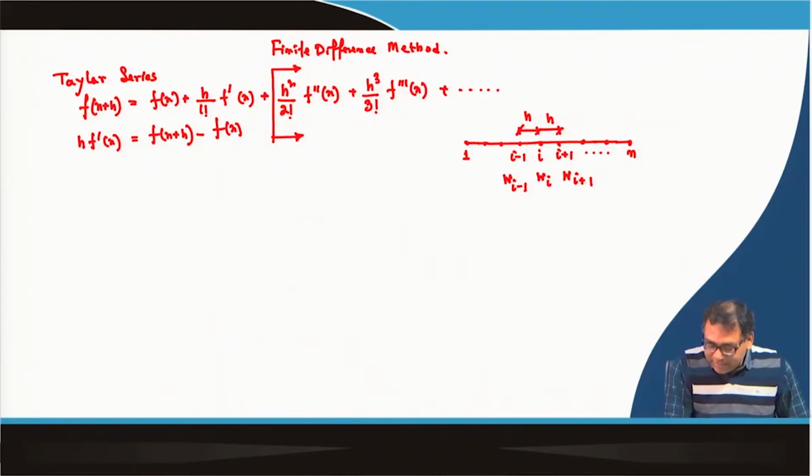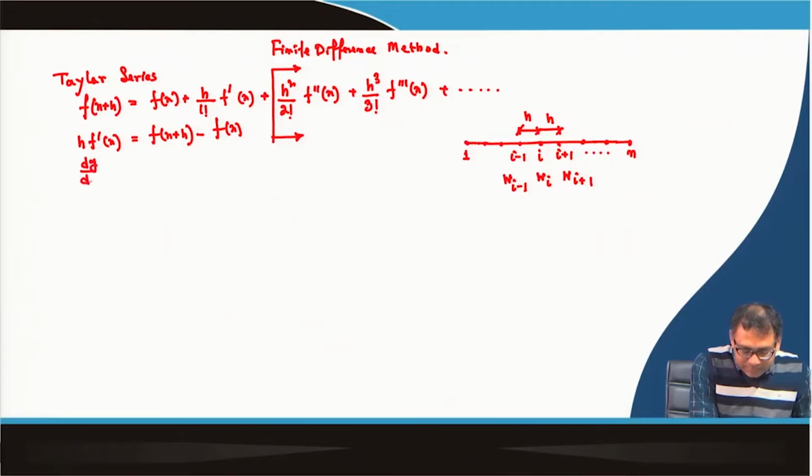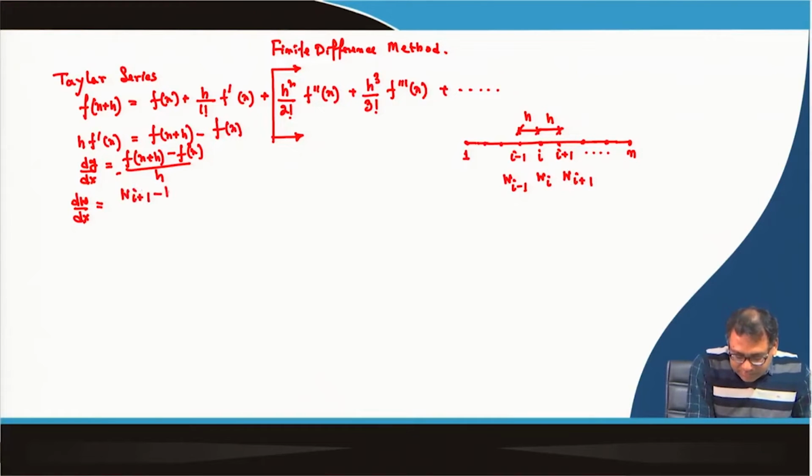Now I can write this equation in terms of deflection. This is f'(x), that means I can write dy/dx equal to f(x+h) minus f(x) divided by h, or I can write dw/dx equal to w i plus 1 minus w i divided by h.